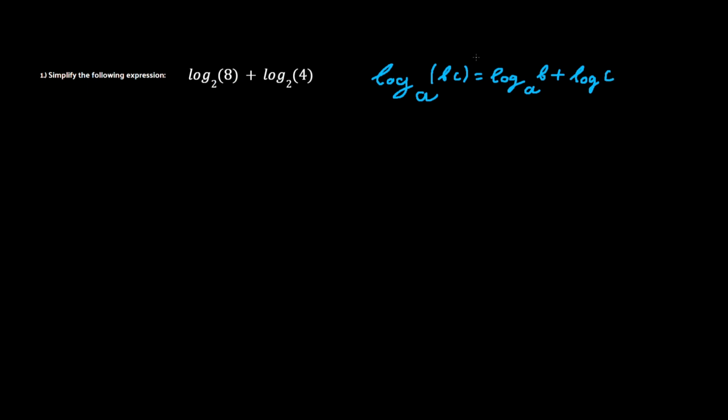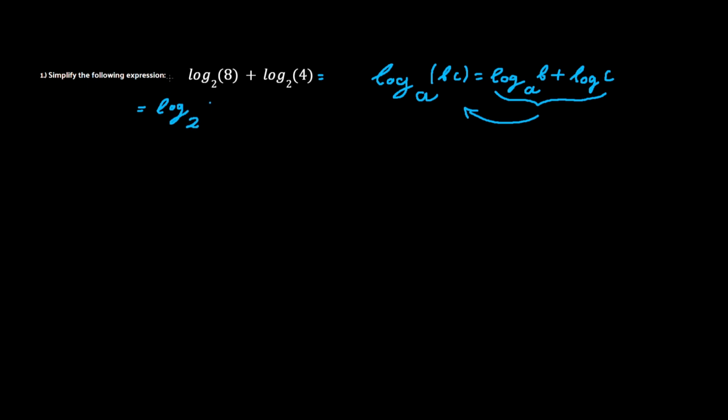So in this case, we need to go from this side to this side. Therefore, we can simply multiply these two numbers in the brackets. This is what we're going to get.